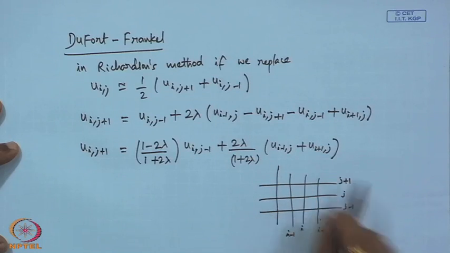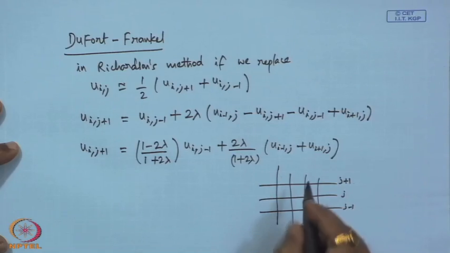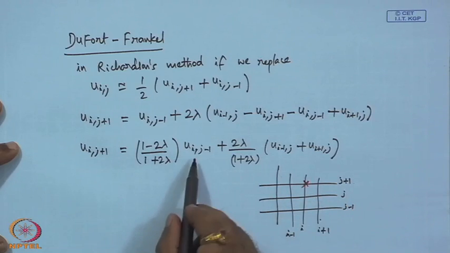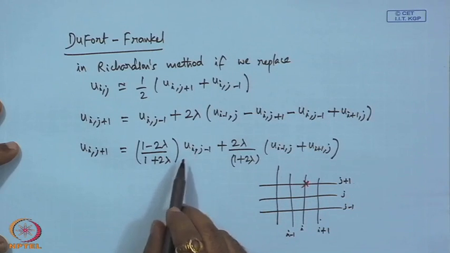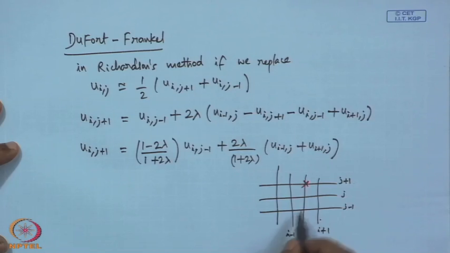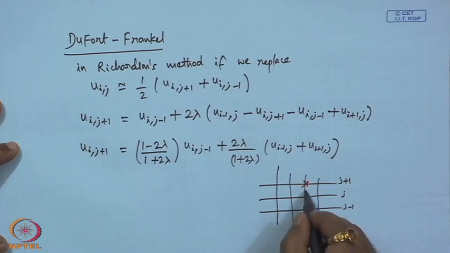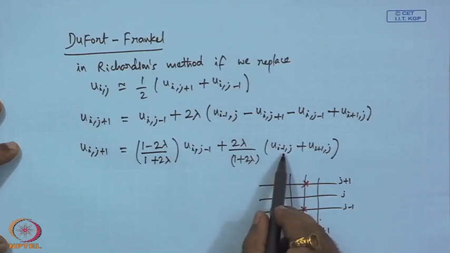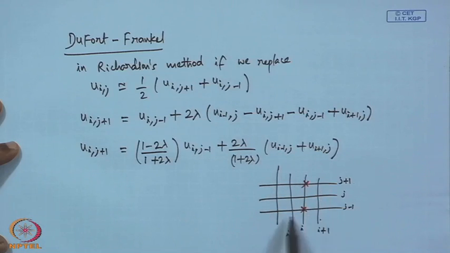So, this point. Then on the right hand side i, j minus 1. So, this point is involved. Then i minus 1, j, then i plus 1, j.